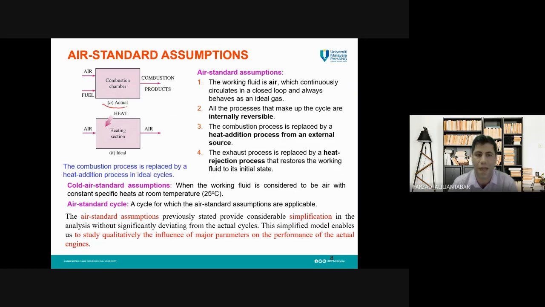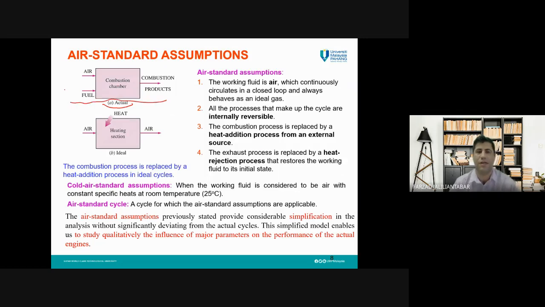This is what we have in an actual gas power cycle, which is, for example, an internal combustion engine. We have a combustion chamber. Air and fuel come to this chamber. They react. Energy is released. Then the products will go out of the combustion chamber.